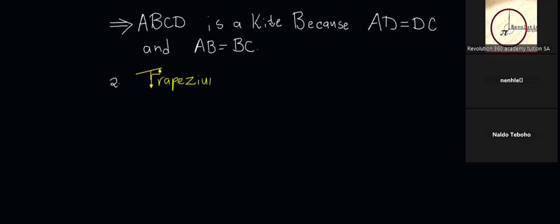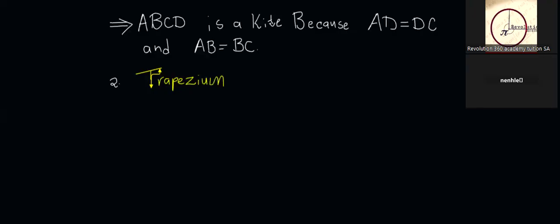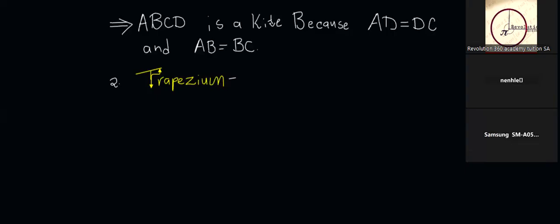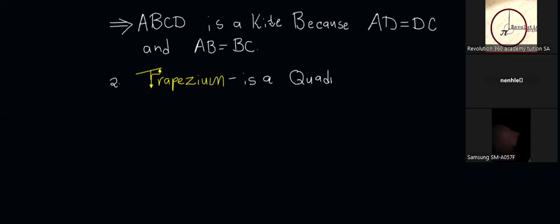A trapezium is a quadrilateral with one pair of opposite sides parallel. Is a what? A quadrilateral. Trapezium. It's a quadrilateral with one pair of opposite sides parallel.